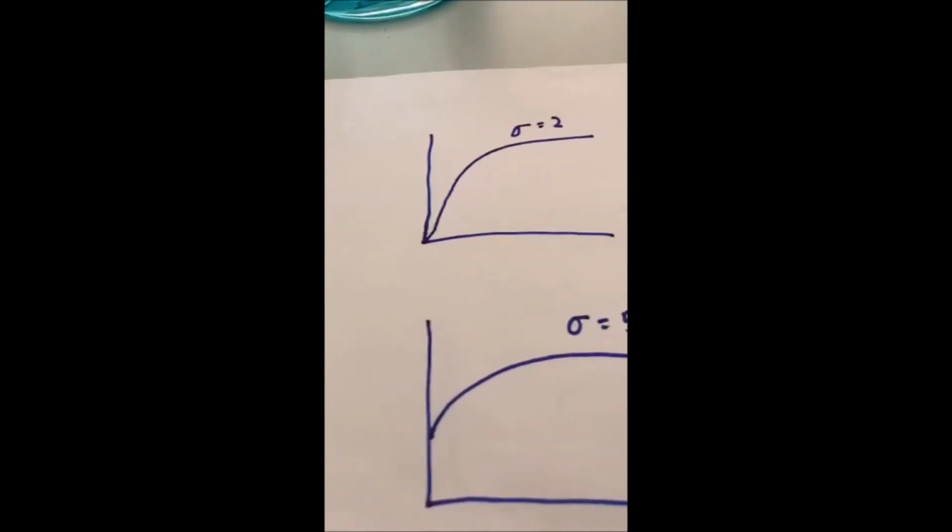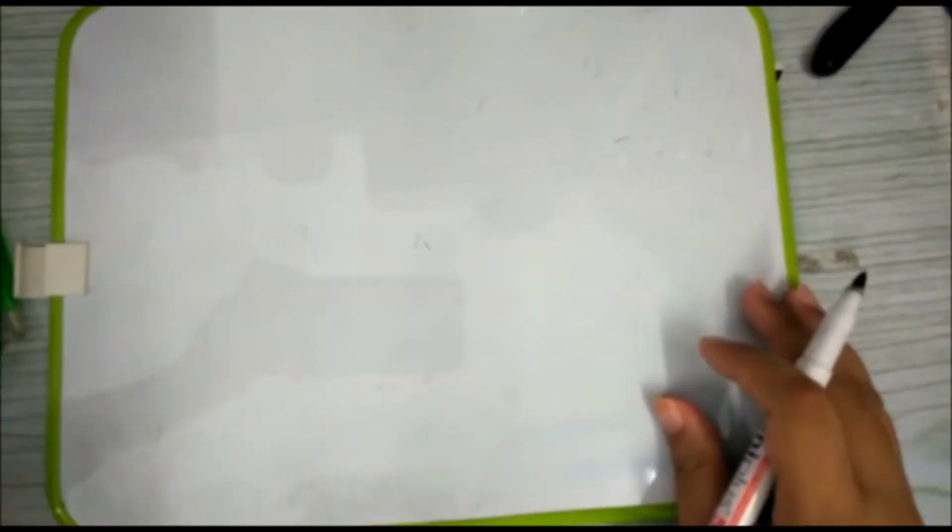I will be presenting about the application of log-normal distributions. Next, I'm going to differentiate between normal distributions and log-normal distributions. The graph will be just like this. I'm going to draw it for you.